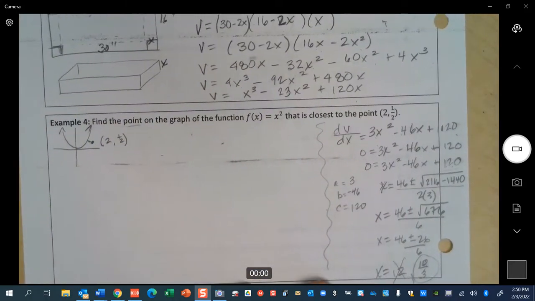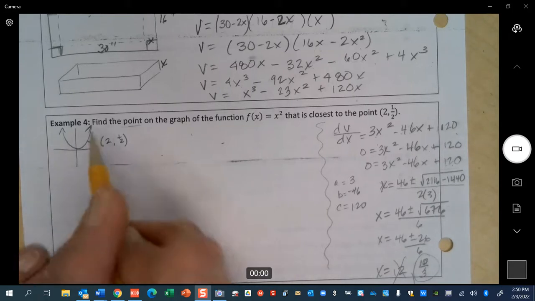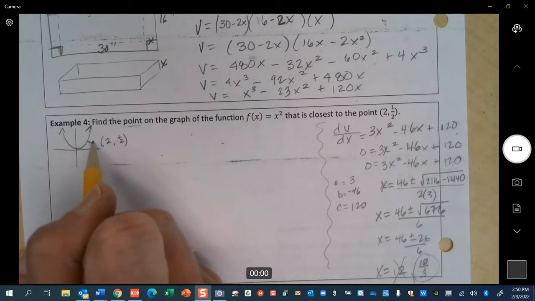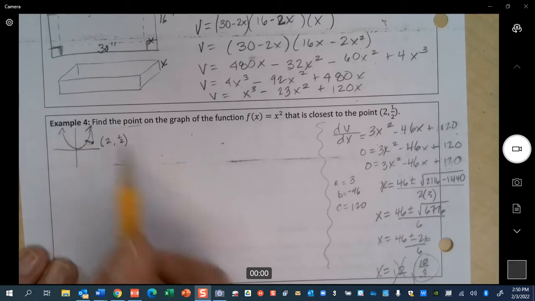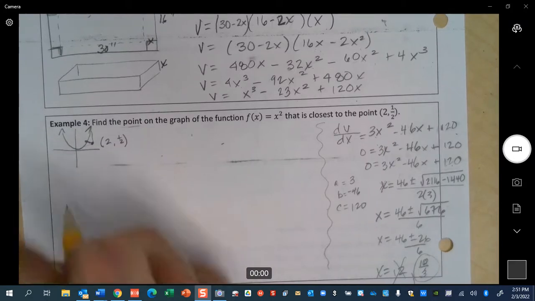I want to optimize and have the minimum distance. I want to find the point on the graph where x squared is closest. Now keep in mind, I could measure this way, I could measure this way, but what I want is to find this xy ordered pair where that distance is minimized.